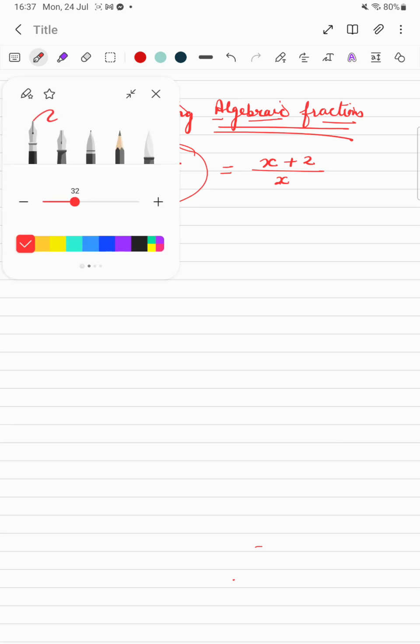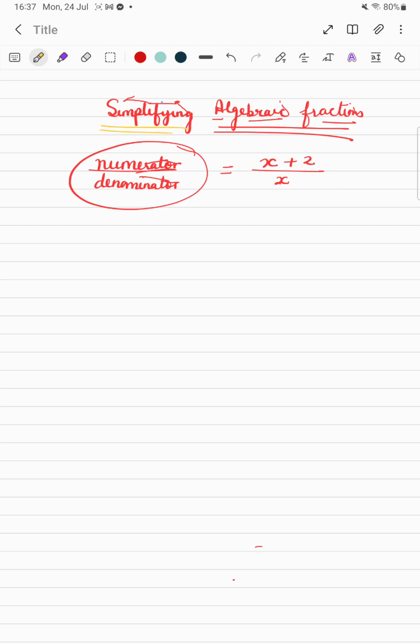The only difference is that in algebraic fractions, the numerator and denominator are algebraic expressions, which means there will be variables, some numbers, and symbols like addition, subtraction, multiplication. So if I write x plus 2 over x, this is an algebraic expression. Now our target is how to simplify these algebraic expressions.